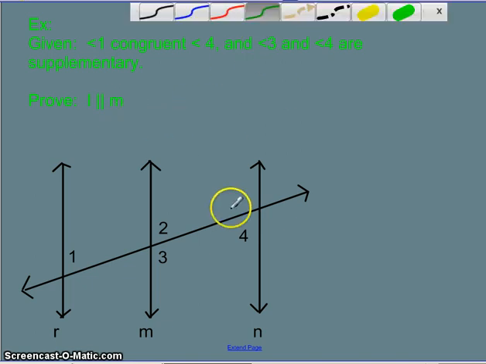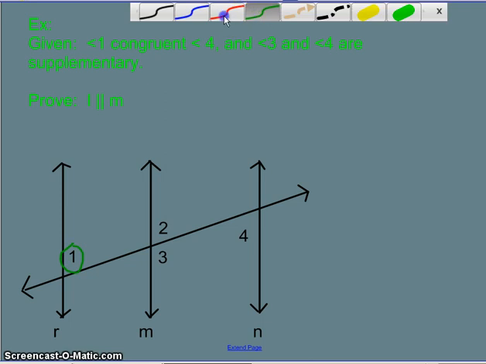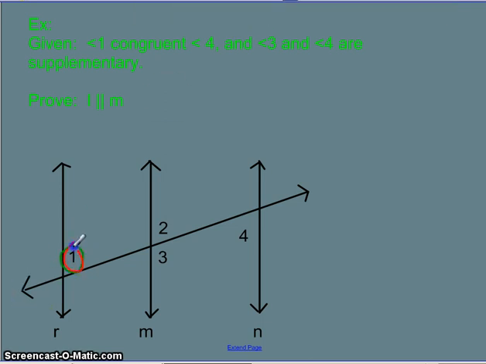So let's mark down here in the diagram what we've got. We're going to have 1, let's mark that in red, maybe we can see it a little bit better. 1 and 4 are congruent, so what type of angles are those? Those would be alternate interior angles.